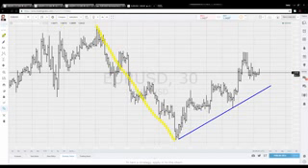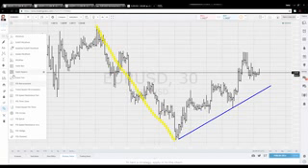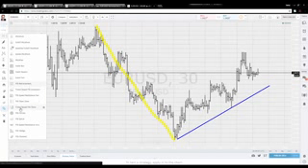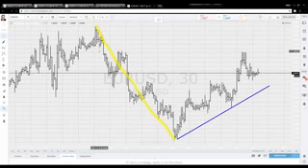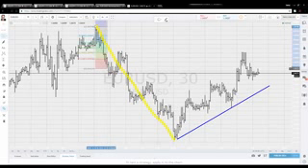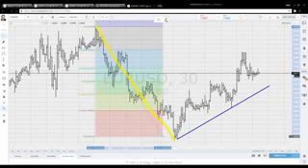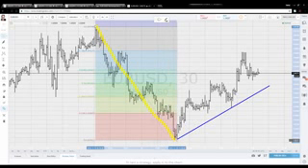So we would then take the Fibonacci tool, come down here and go to Fibonacci retracements, click on that. And what we would do is start our actual longer-term retracement line here, and we would simply pull it down from here.